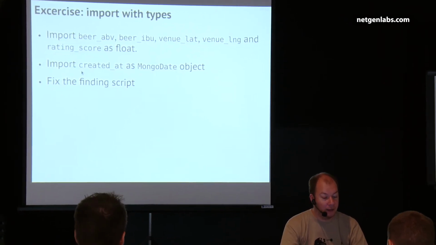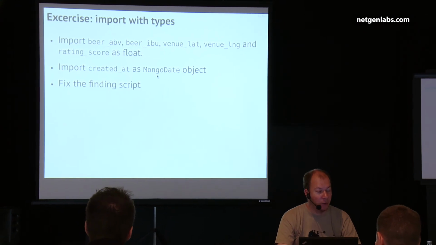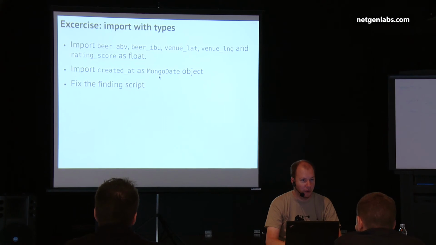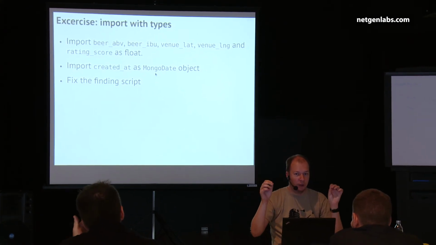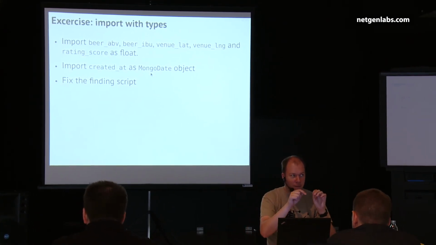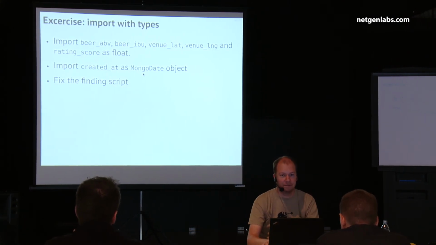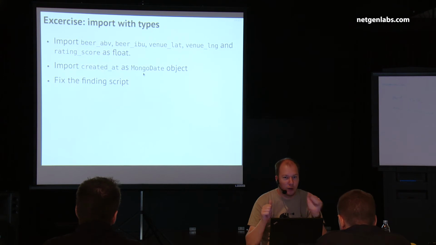And secondly, import created_at as a MongoDate object instead of the string that we had used before, right? You remember that we would store the string year, month, day, hour, minute, second, but import that as a MongoDate object.